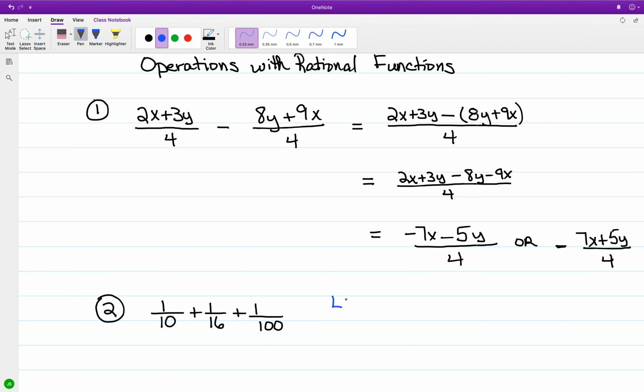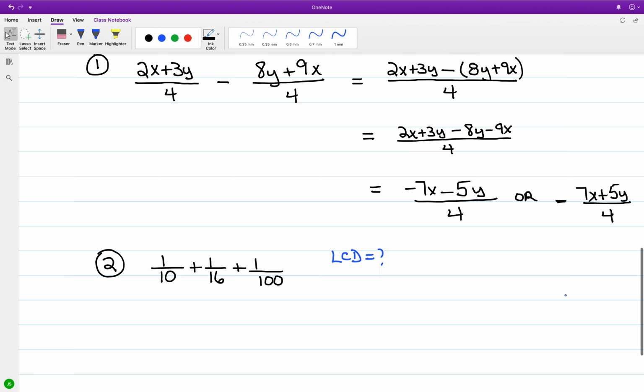In terms of least common denominator, we pose the question: what is the smallest number that 10, 16, and 100 will go into? The prime factorization of 10 is going to be 2 times 5.